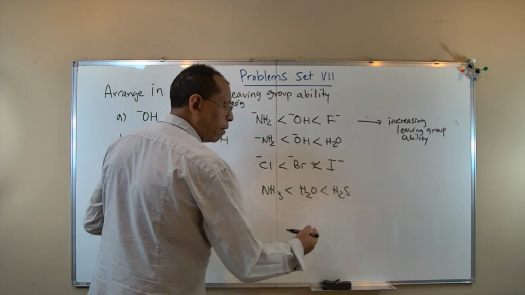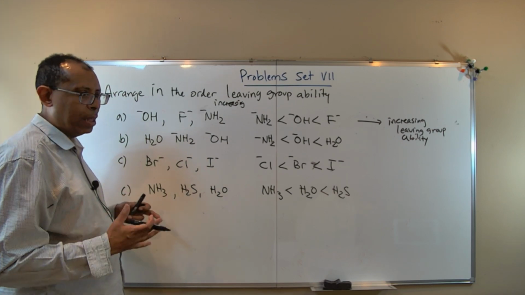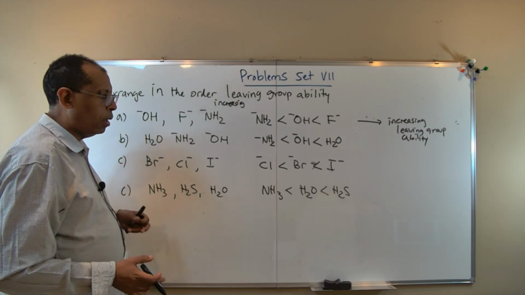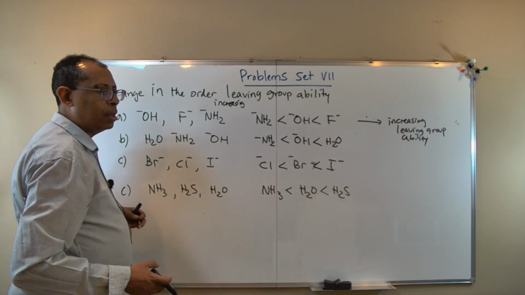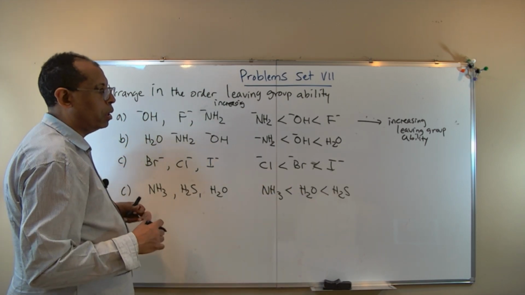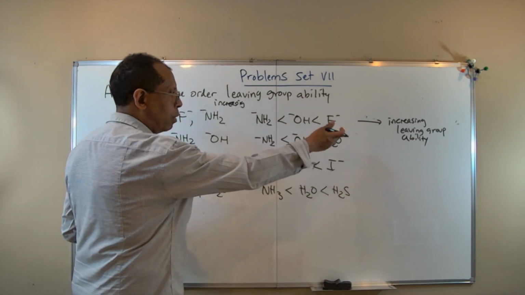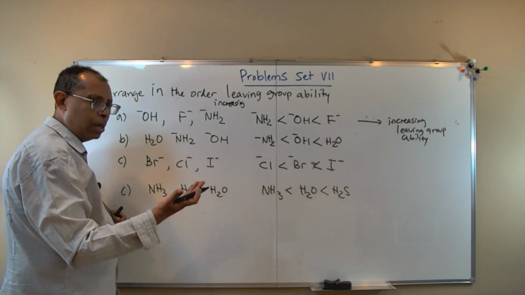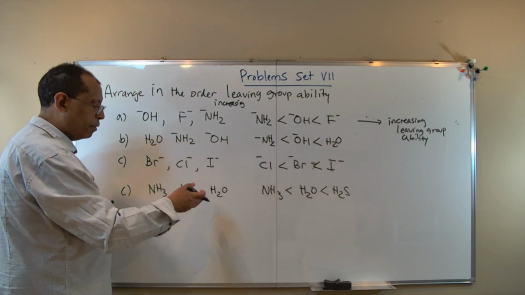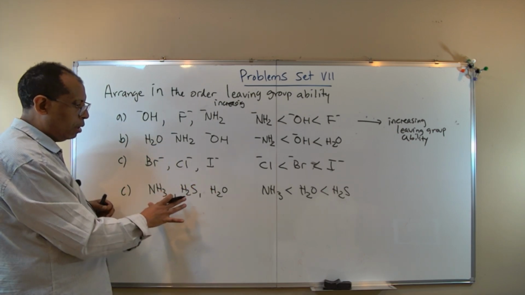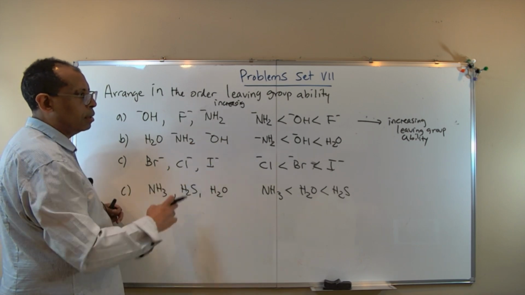That means hydrogen sulfide is a good leaving group because it's a very weak base. It's not basic at all. But water is the next basic one, and ammonia is the strongest base. So this is a relative term. You know, water was in one of the conditions the best leaving group in this group. However, in this category of nucleophiles or leaving groups, this is the order.